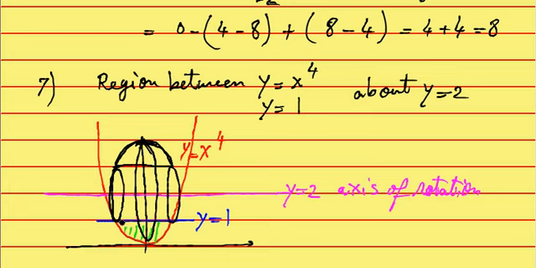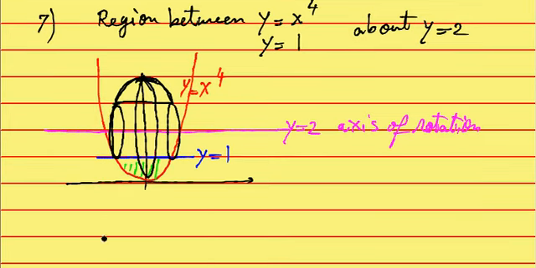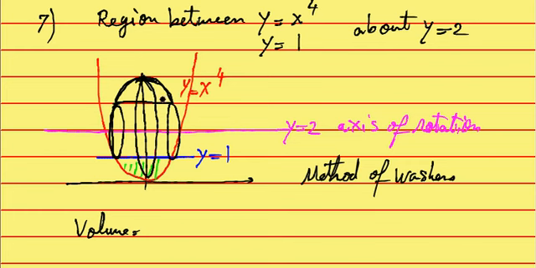Okay, how do we find the volume? The easiest way to go about it here is to use the method of washers or rings. If you take any of these slices, this picture is rather crowded, but here's one slice.